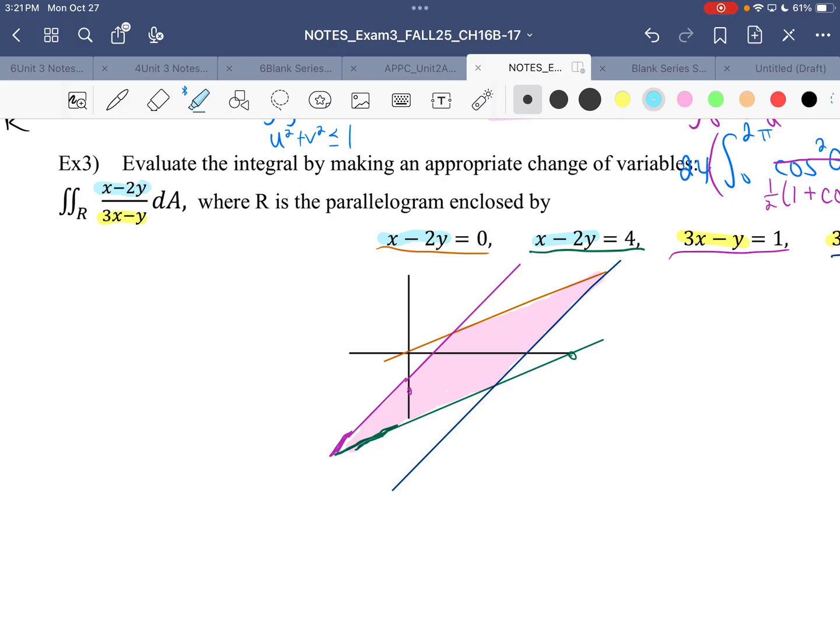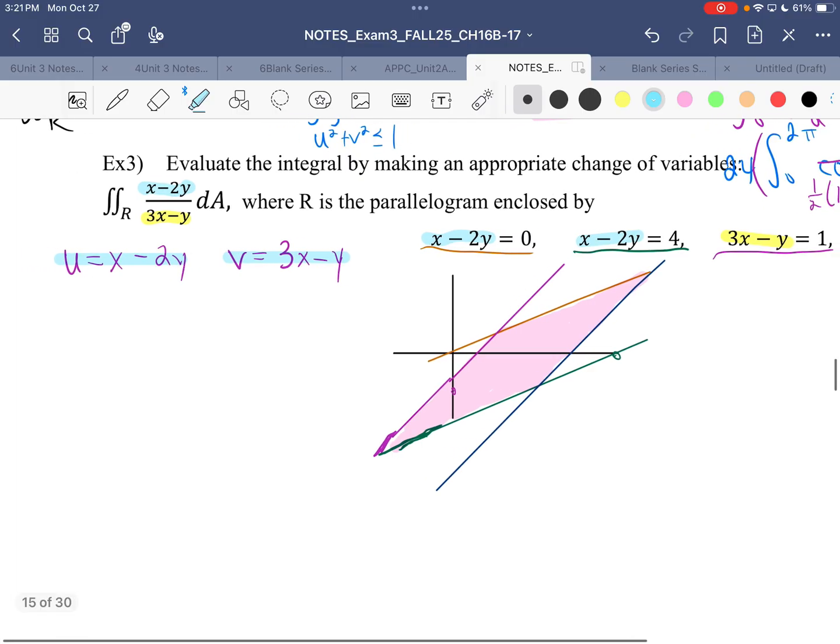So let's let a variable equal x minus 2y and a different variable equal 3x minus y. So I'll just make u be x minus 2y and then v be 3x minus y. So then what would u be between?